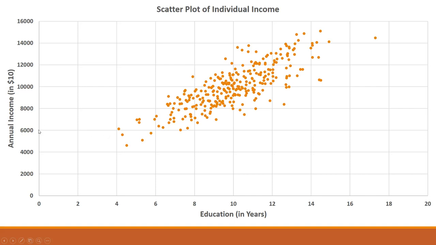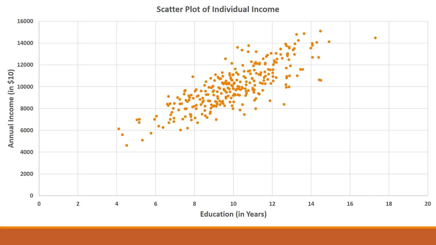Some person is making $60,000 a year and they have 5 years of education. Somebody else is making $130,000 a year, this person here, and they have 12 and a half years of schooling, etc. So we've got all these different data points for all these different individuals.